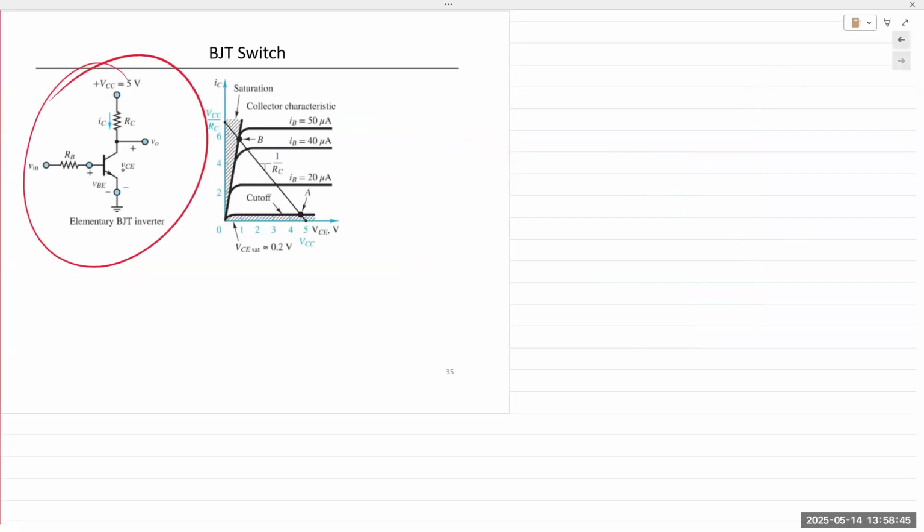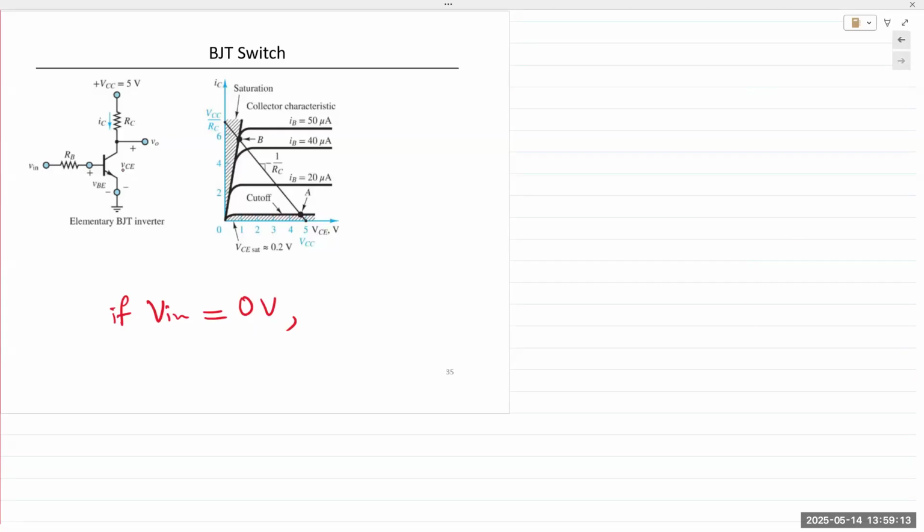But we saw how we can use a BJT as a switch, right? It, in fact, is a rudimentary or the most basic inverter circuit. If Vin is equal to 0, what mode are we biasing the transistor in? There's no input base current.